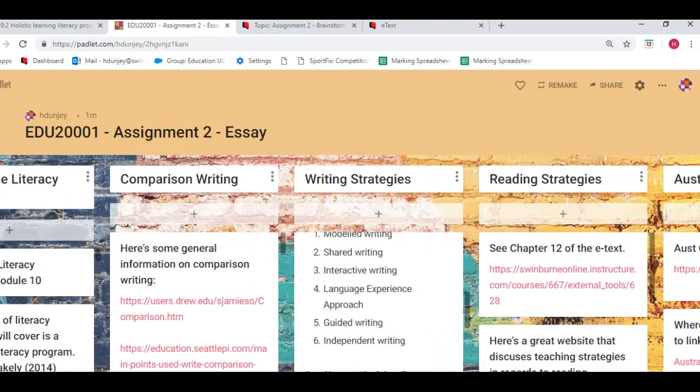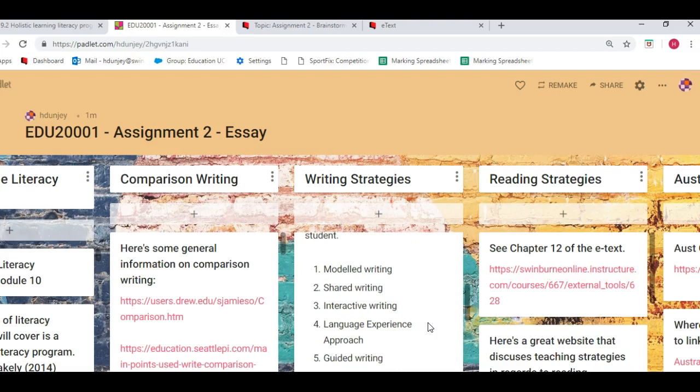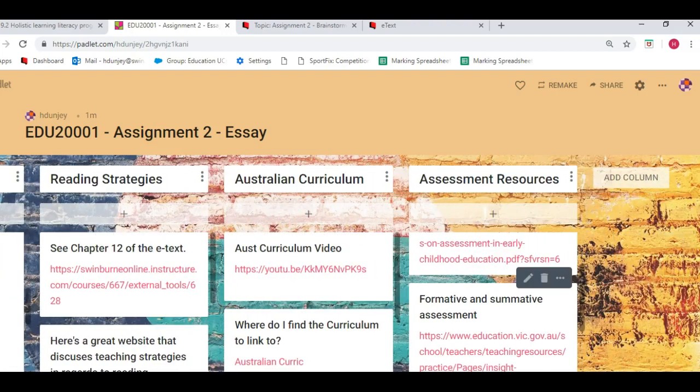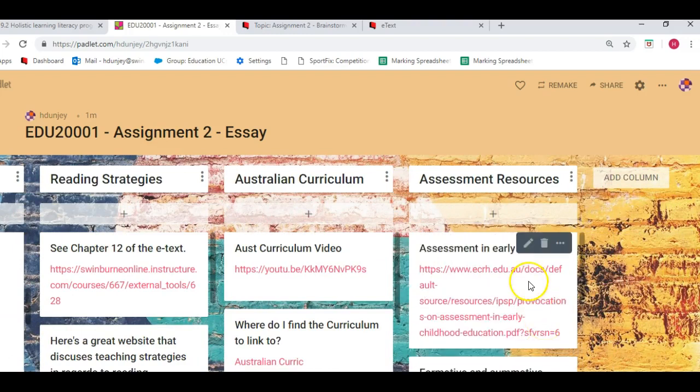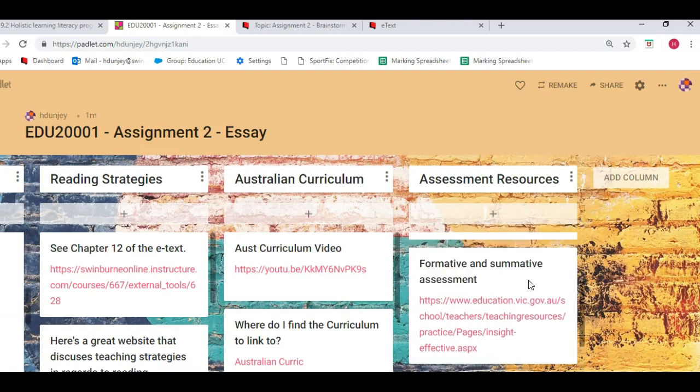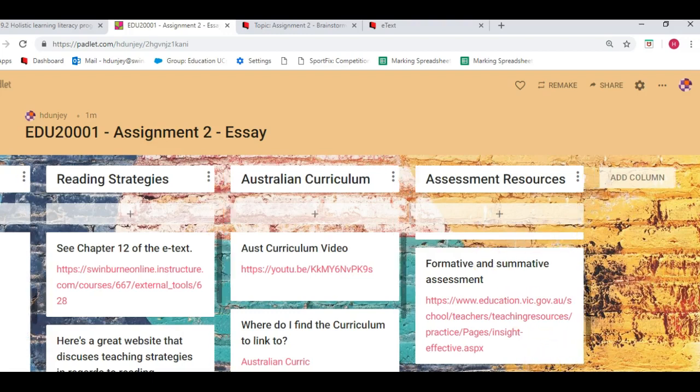And if you're thinking about possibly something like your modelled writing, you would be thinking about an assessment strategy, which is your formative assessment. And I've given a little bit of some information here. This is just general information in regards to assessment. So something that you could be using in your formative assessment.